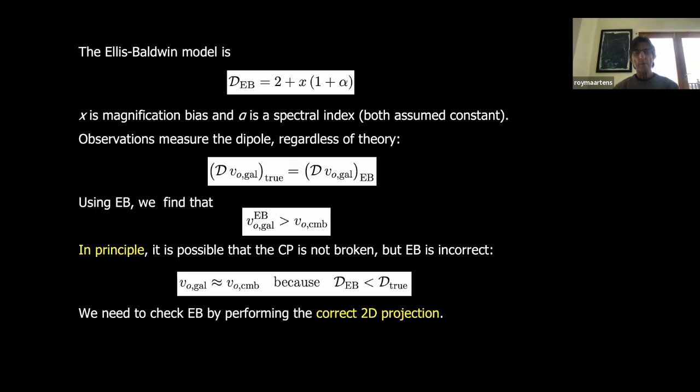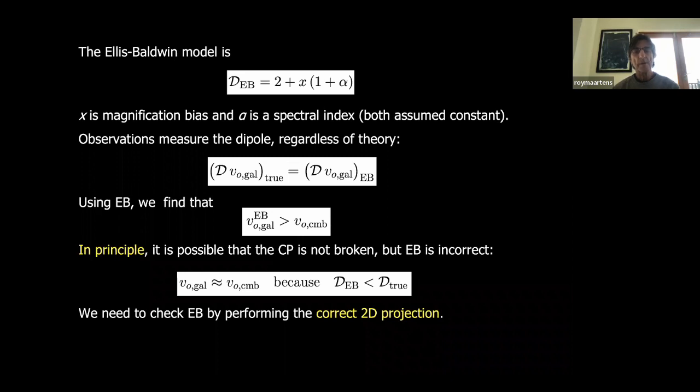And on the right, that should be equal to the theoretical value, if Ellis-Baldwin is correct, times the velocity of galaxies. But what observers have found using the Ellis-Baldwin formula is that the velocity of galaxies using Ellis-Baldwin is greater than the velocity of the CMB.